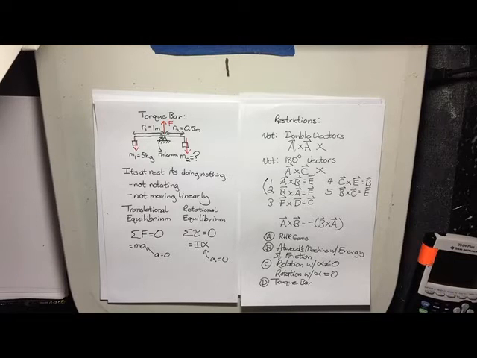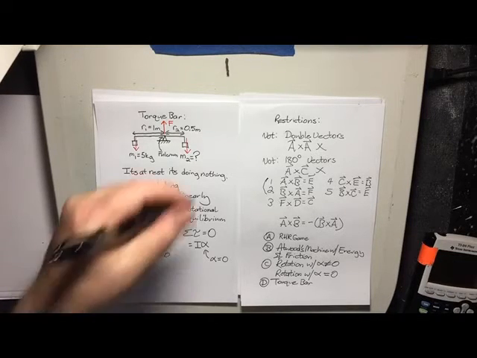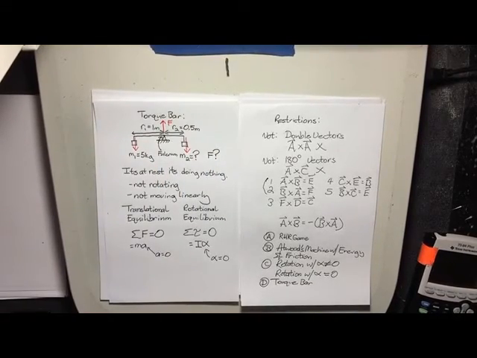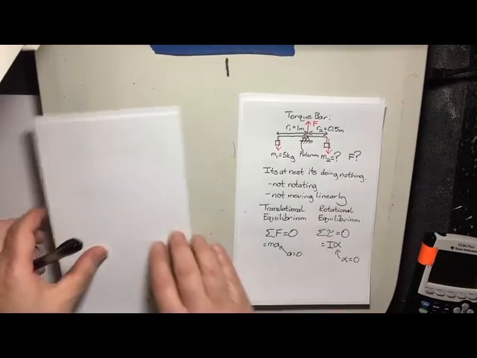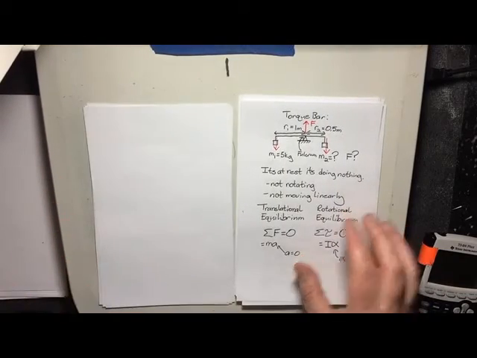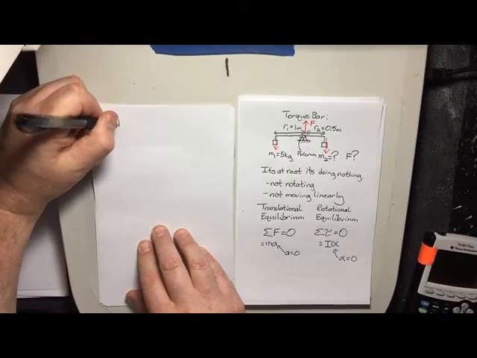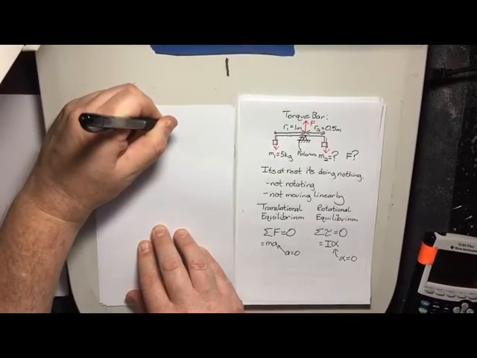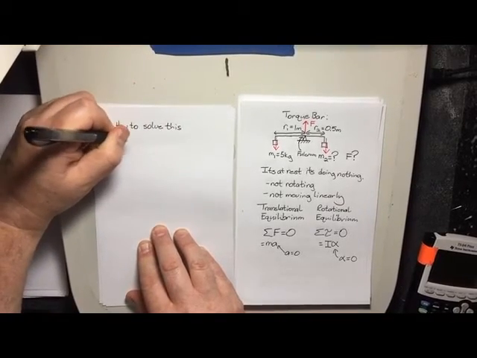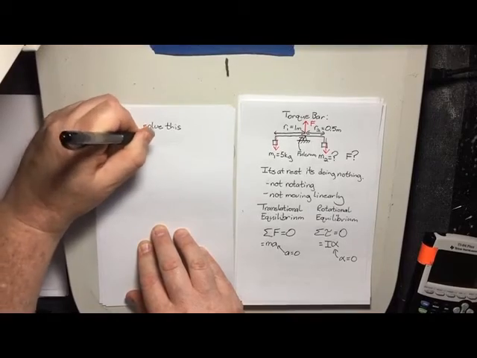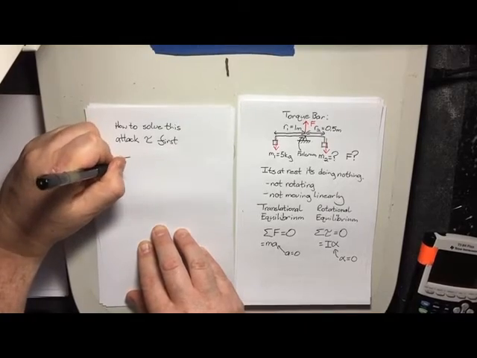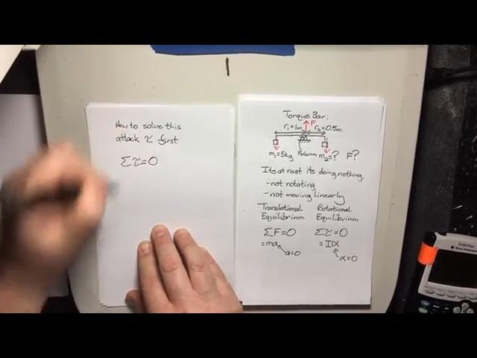Now the question that I'm going to have is, what is M2 and what is the force on the fulcrum? Now, the way that the unknowns are set up, you attack torque first. You say, well, this thing is not rotating, so the sum of the torques is equal to 0.